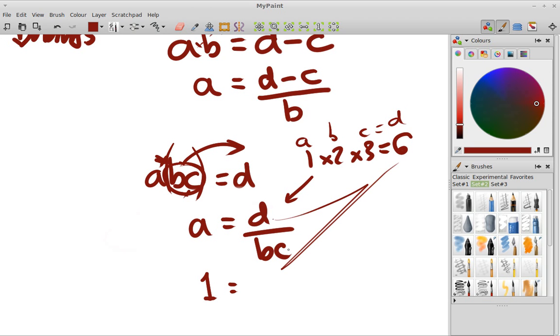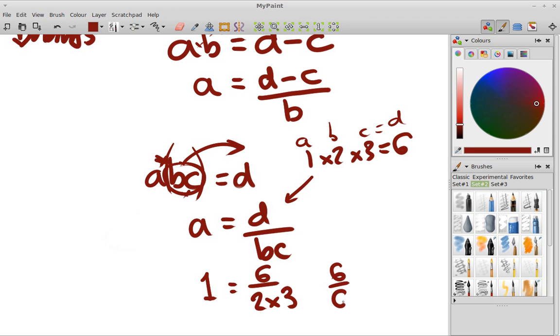Well, D is 6, then divided by BC. B is 2, times by C, which is 3. So 6 divided by 2 times 3, that's the same as 6 divided by 6. In effect, it's saying how many 6's are in 6. That's 1.